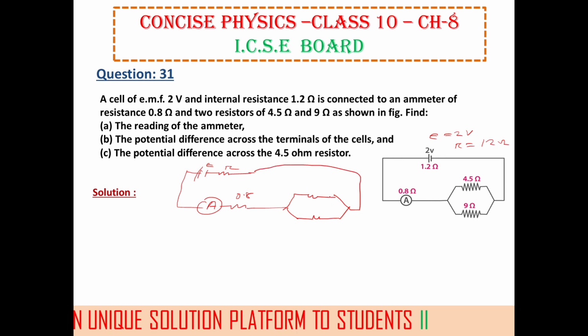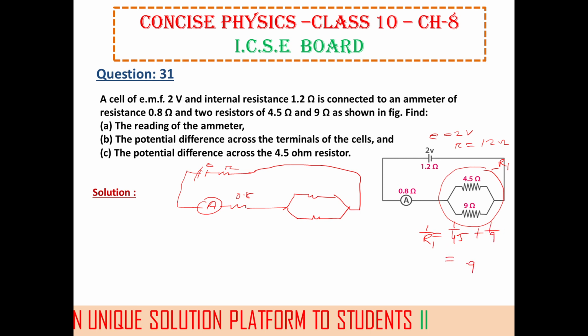Now we have to find out the reading of the ammeter. To find out the reading of the ammeter, we need to find out the total equivalent resistance of the circuit. So these are in parallel. If the equivalent is R1 here, we can find it out like this: 1 by R1 equal to 1 by 4.5 plus 1 by 9.